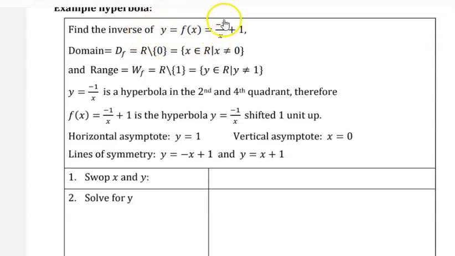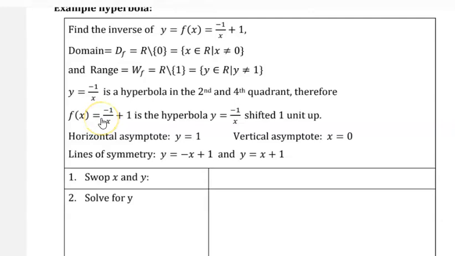If I take y equal to minus 1 over x plus 1, then I see that x can never be 0, so 0 must be excluded from the domain of this function. And minus 1 over x can never be 0, so I can never have an answer of 1 for my y values. We know that y equal to minus 1 over x lies in the second and the fourth quadrant.